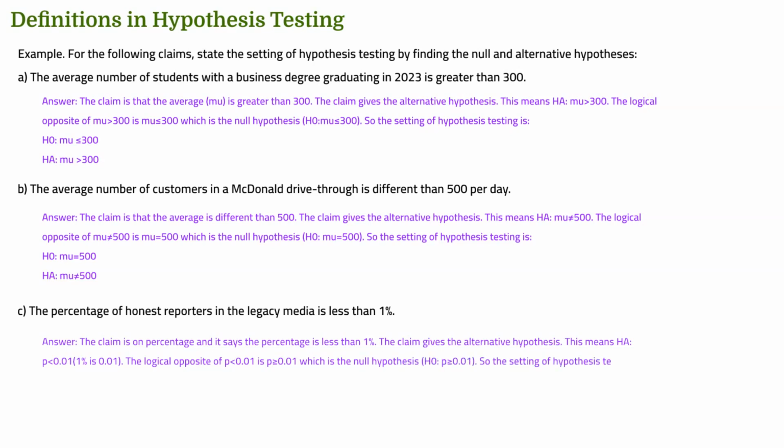The logical opposite of P less than 1% is P greater than or equal to 1%, which is the null hypothesis. So H0 is P greater than or equal to 1%. So the setting of hypothesis is that H0 is P greater than or equal to 1%, and the alternative is HA is P less than 1%.